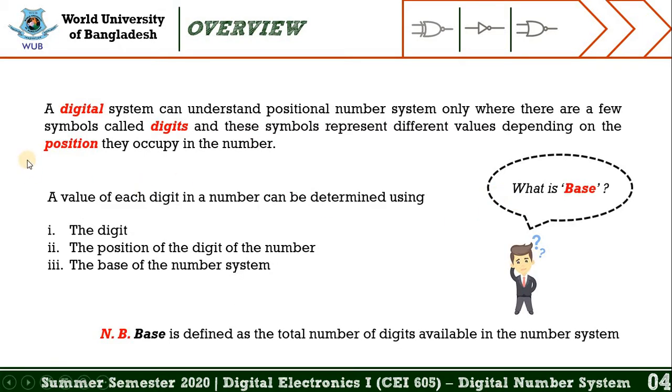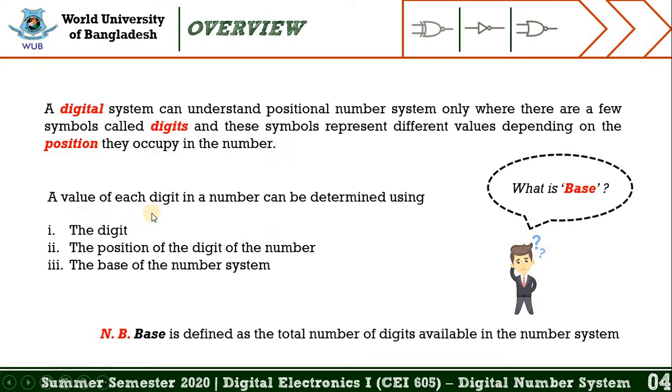Now first we need to know what digits are. A digital system can understand positional number system only, where there are a few symbols called digits, and these symbols represent different values depending on the position they occupy in the number.